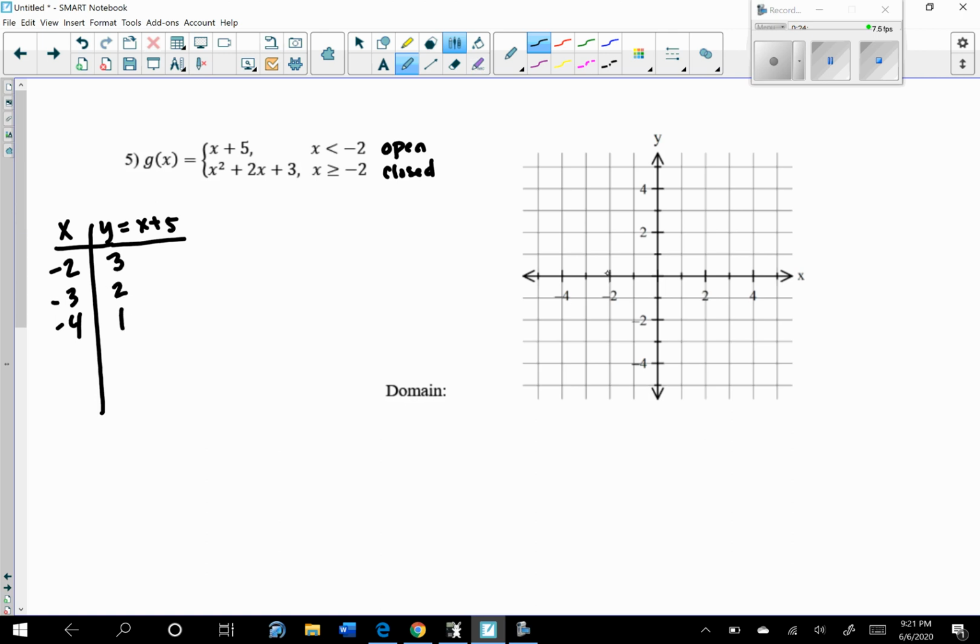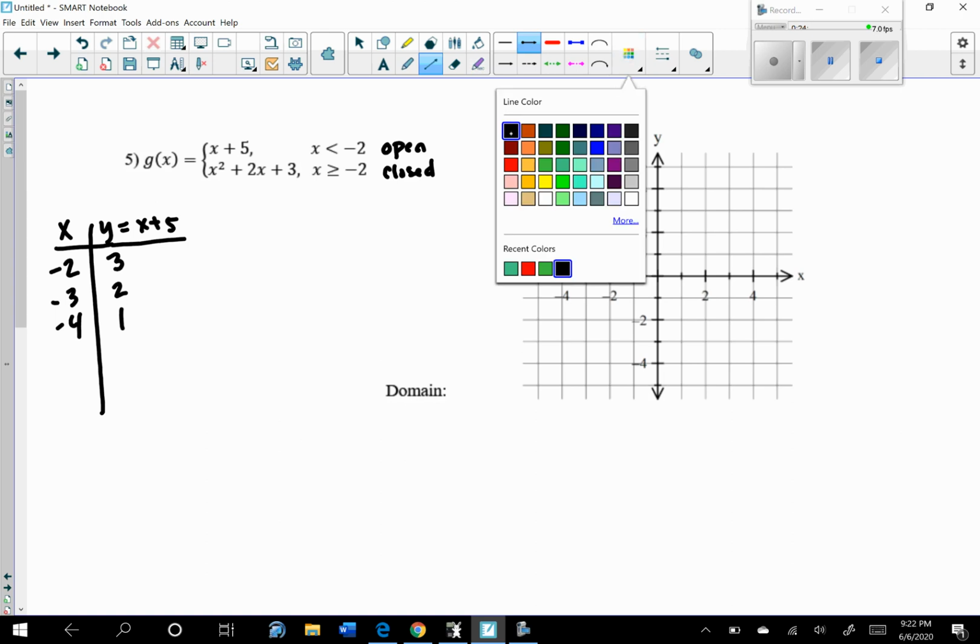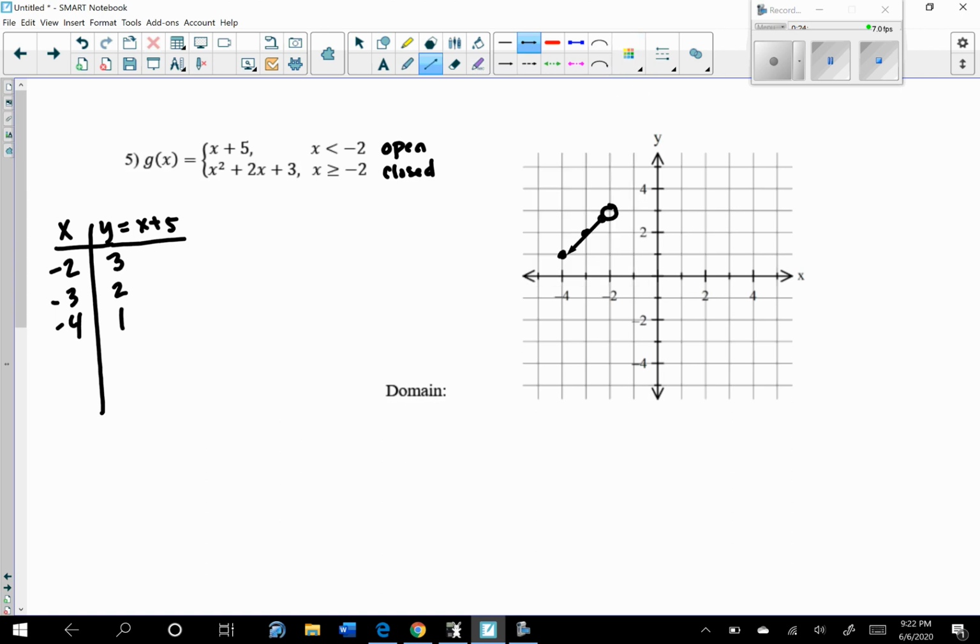So negative 2, 1, we know it's an open circle. And then we have negative 3, 2, and negative 4, 3. And again, it's linear, so we're going to use our ruler to graph our line. And there we go. And now we can go ahead and do the second equation.